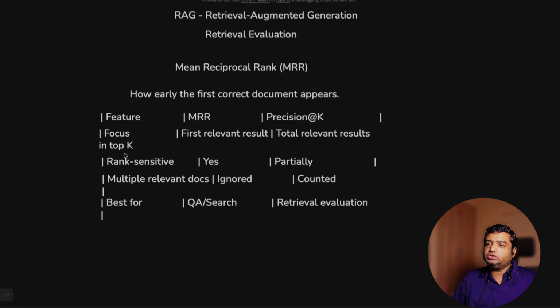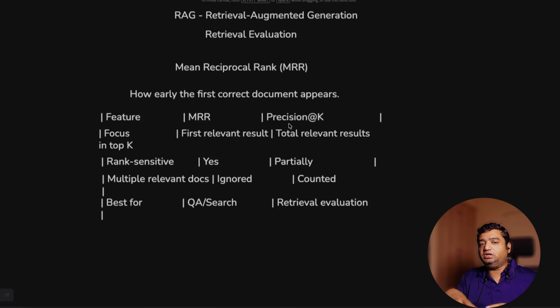For example, focus on top K with ranking, meaning when the information comes first. In MRR, the first information is the relevant information. If you are getting 4-5 answers, we don't consider all of them, we consider the answer which comes first.